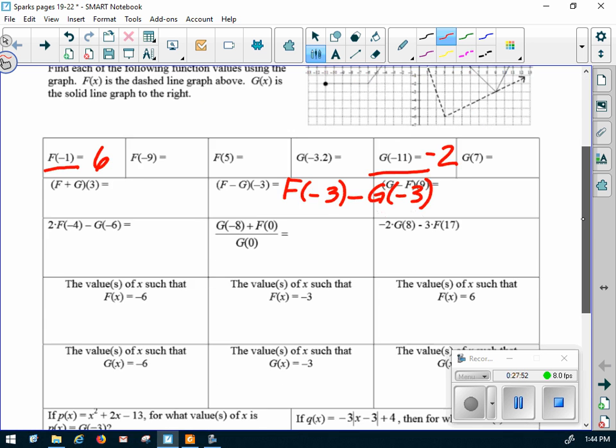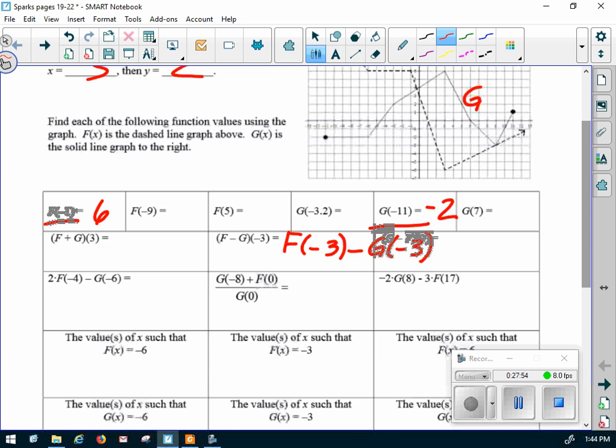I thought it had combinations up there. My bad. I'm a little stupid. Okay. What's f of -3? 6 minus g of -3, and 6 minus 2. Questions there?